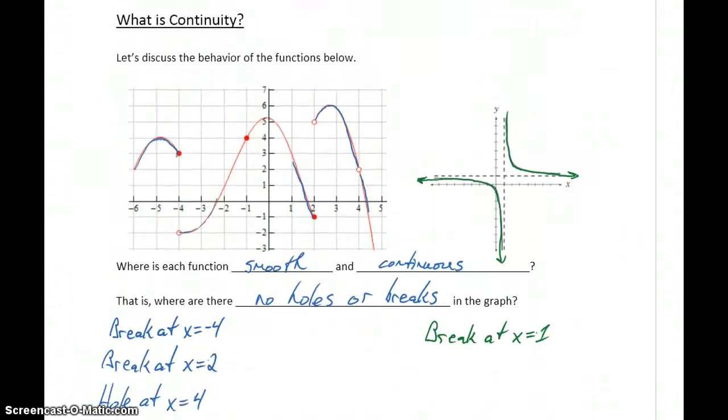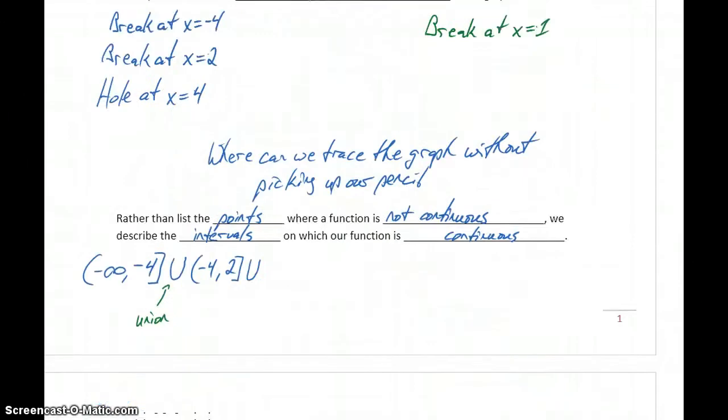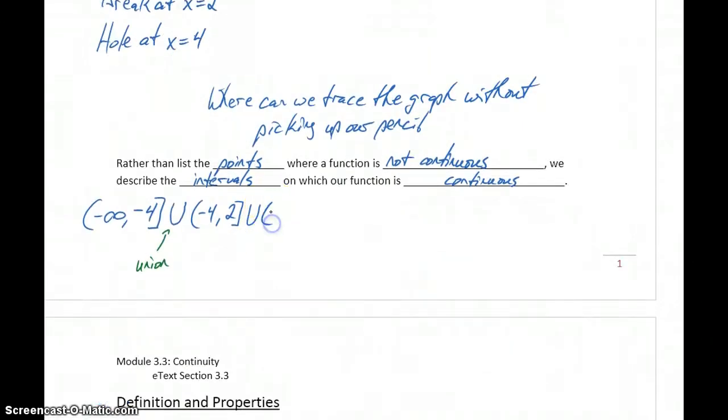And then we would use that union symbol to join our next interval, which would go from 2 to 4. We would have another break, and then from 4 to positive infinity. So that will go from 2 to 4, and then a union symbol, 4 to positive infinity.